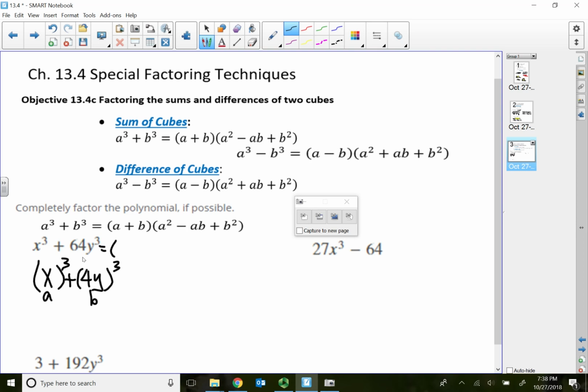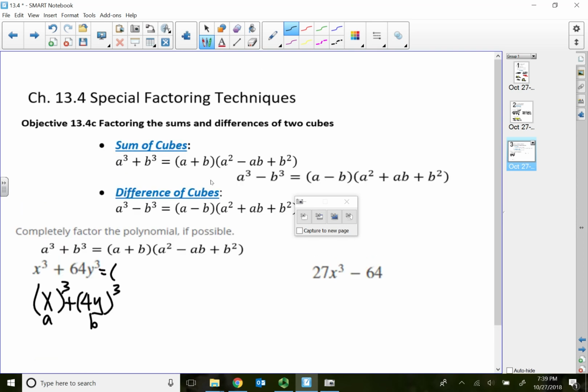Let me write this down just in case I never mentioned this. Perfect cube numbers: 1 to the third is always 1. 2 to the third is 8. 3 to the third is 27. 4 to the third is the same as 8 squared, which is 64.